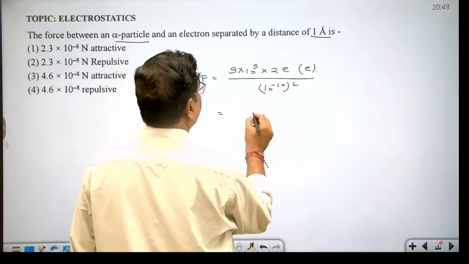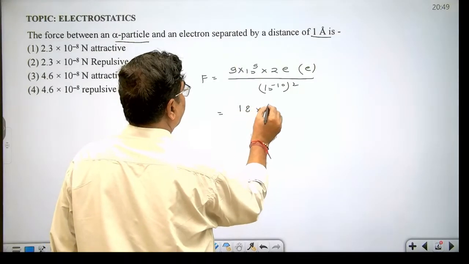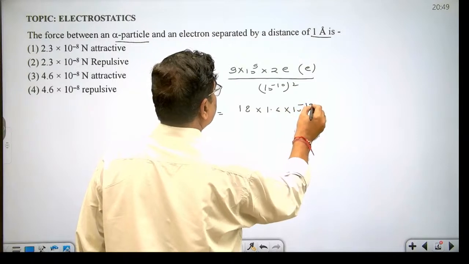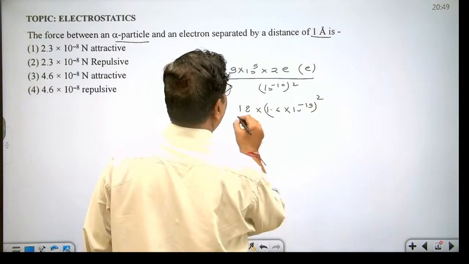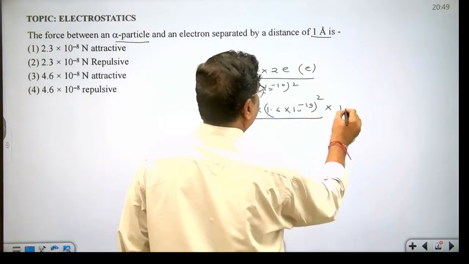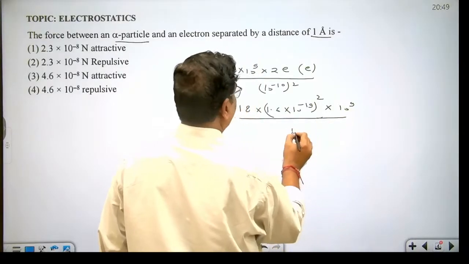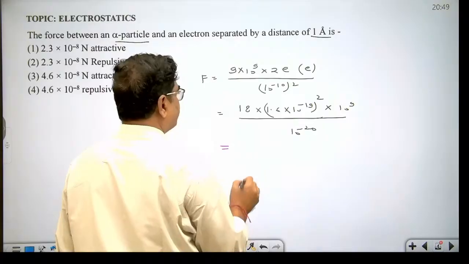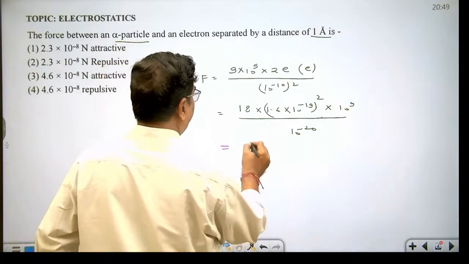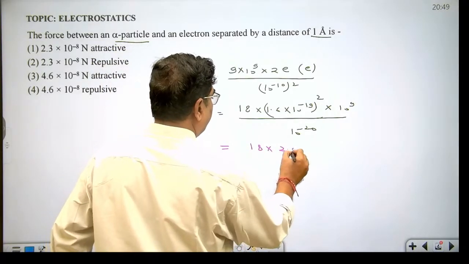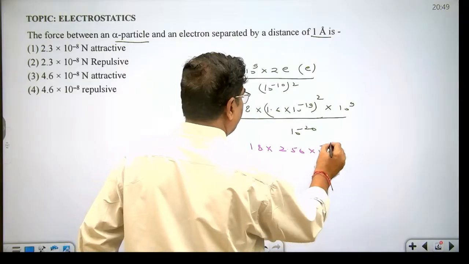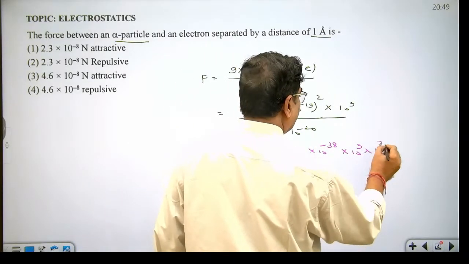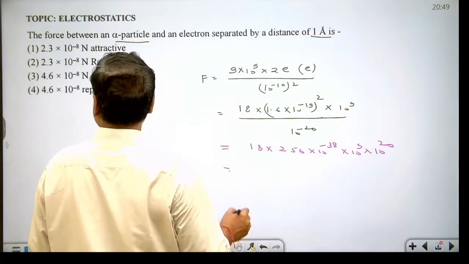After solving this, we will get 18 × 1.6 × 10^-19 squared × 10^9 divided by 10^-20. After solving this, we will get 18 × 2.56 × 10^-38 × 10^9 × 10^20.